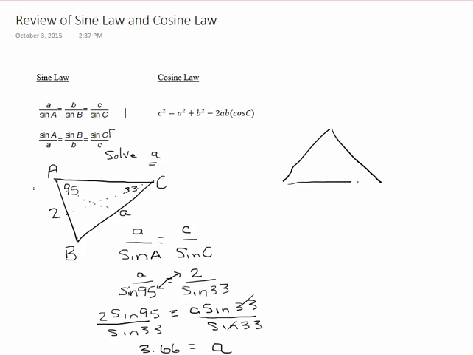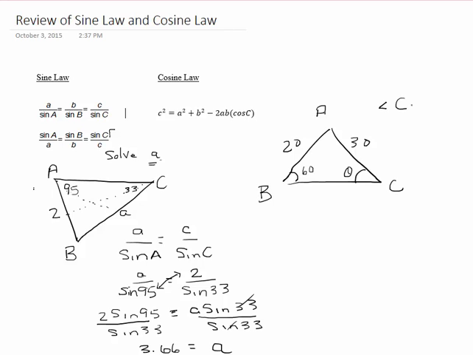Another example for sine law now, when we want to solve for angle instead of side length. If we know that this one is 60 degrees, and we have a length of 20 and a length of 30, and we want to solve for angle C, call that theta.